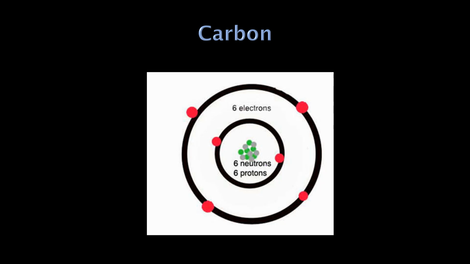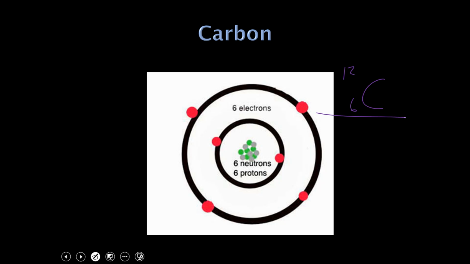Next, carbon has a mass number of 12. What does that mean? So we said earlier that carbon has an atomic number of 6, so it must have 6 protons. This question says it has a mass number of 12. So what does that mean?